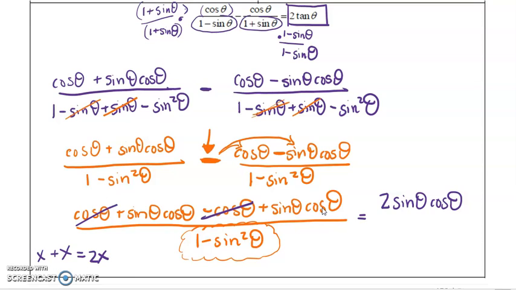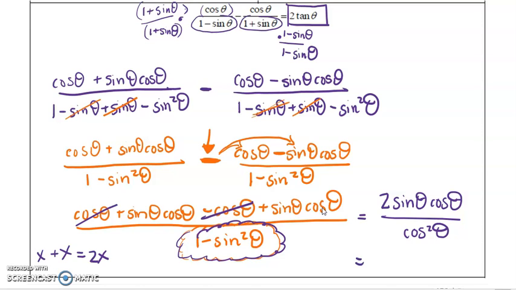The same kind of thought process can work with these trig functions, because they're kind of acting as variables. They have that variable theta in them. For the denominator, okay, that light bulb moment, 1 minus sine squared can be rewritten as cosine squared. So it really cleaned up or got really pretty after that simplification.